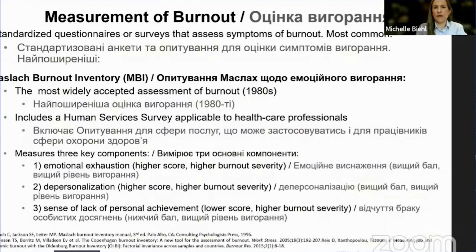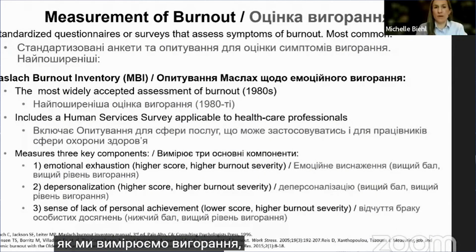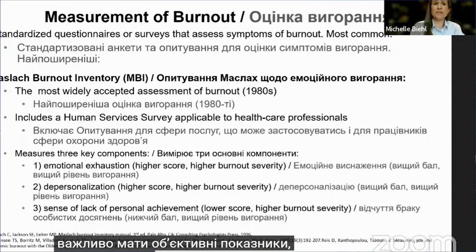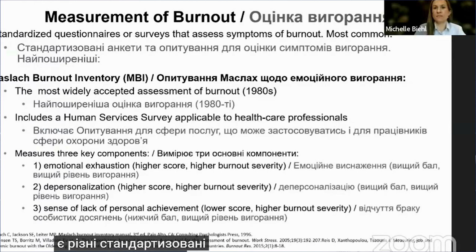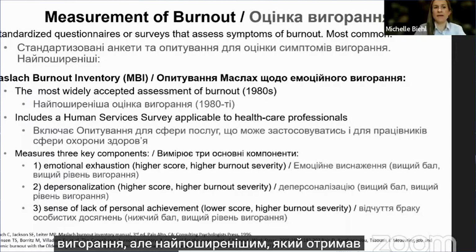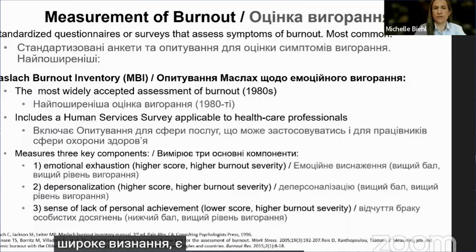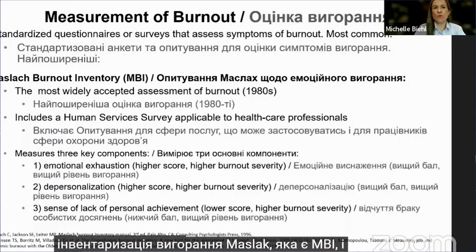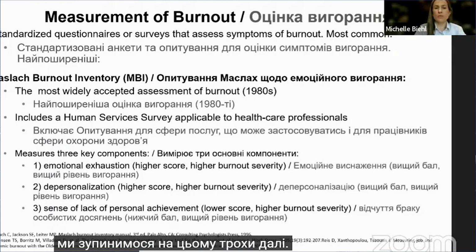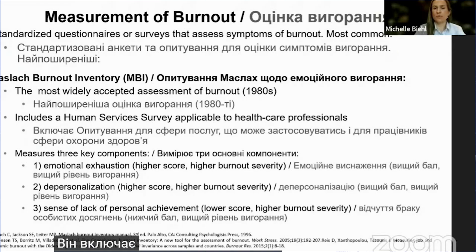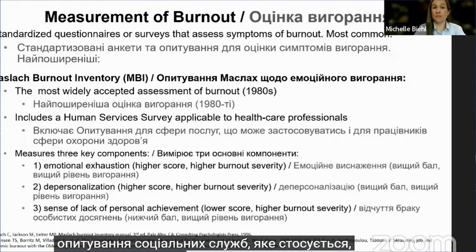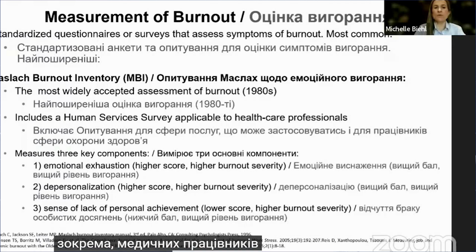So how do we measure burnout? It is important to have an objective measure so that it can be studied. There are different standardized questionnaires that assess symptoms of burnout, but the most common one that has been widely accepted is the Maslach Burnout Inventory, the MBI. We'll go over this one a little further. It includes a human services survey that is applicable to healthcare professionals in particular, and it measures three main components, as I already mentioned.